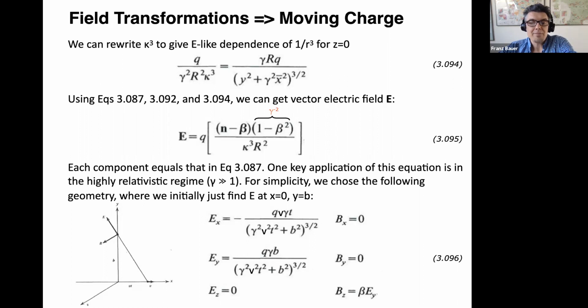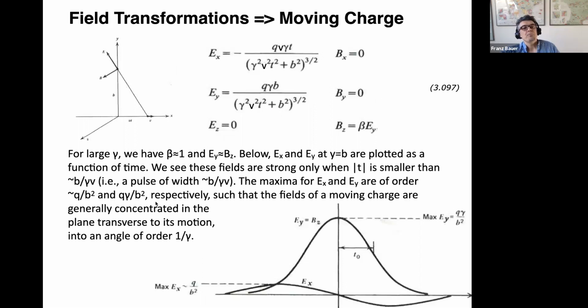And then we have a z component of the B field, which is proportional to this thing. Okay. So if we have very large gamma, this is going to be equivalent to beta equals 1, and then the E and B fields are equal.